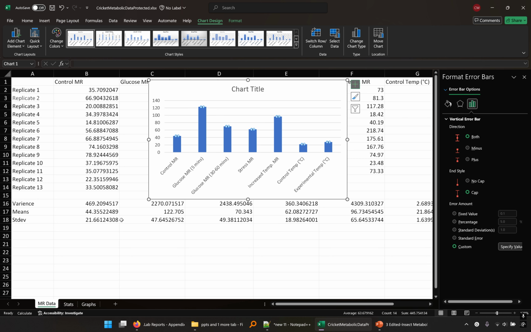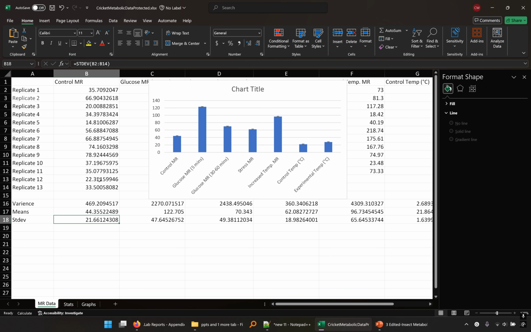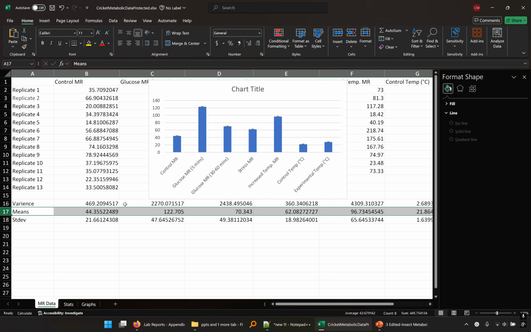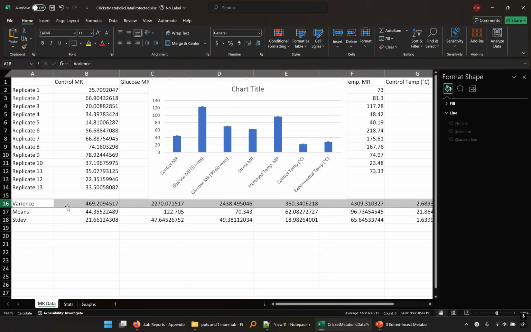And now the values for calculating custom error are going to be these standard deviations. Standard deviation and variance, you can see that variance is very high for some values, and then means are not very high for some values. So these variance values are talking about how widespread that normal distribution is.